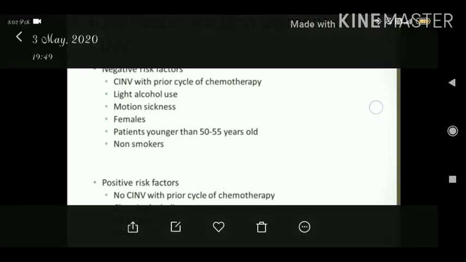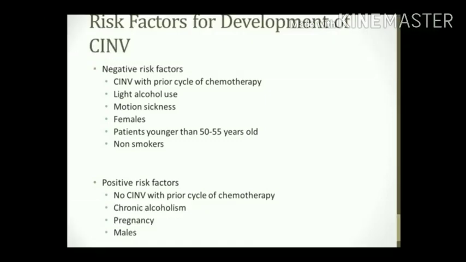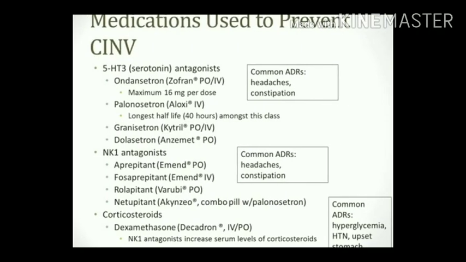And in positive risk factors, there is no nausea and vomiting with the cycle of chemotherapy, and chronic alcoholism, pregnancy, and males.